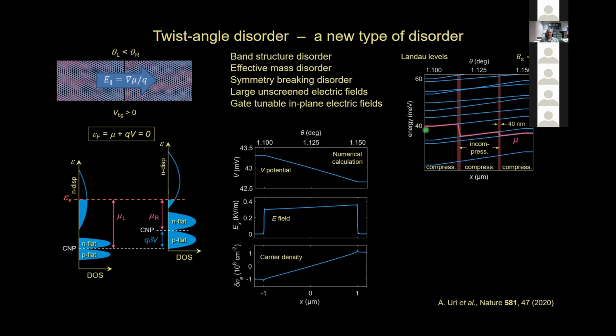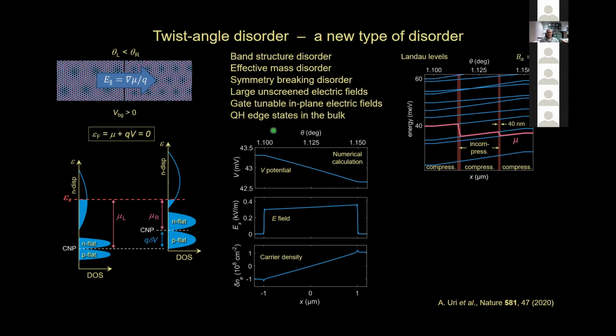There will be a sharp step in the chemical potential across the incompressible strips, and a corresponding step in the electrostatic potential. So this explains how come we see Landau levels in the bulk of the sample.